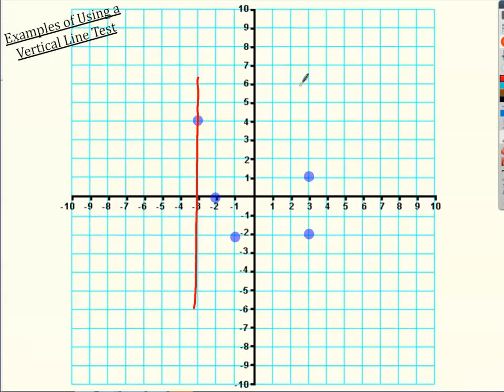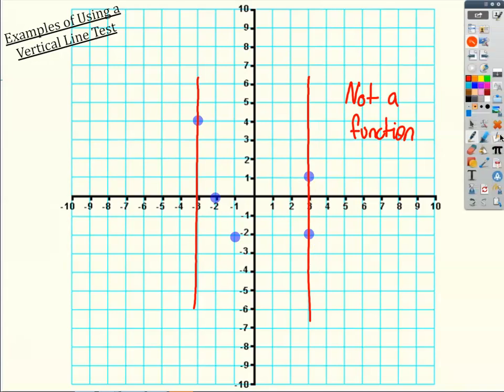But if I draw the vertical line anywhere else, for example right here, that vertical line passes through more than one point. I'm looking for this to fail, so this is not a function.